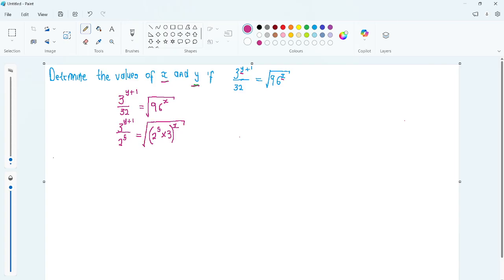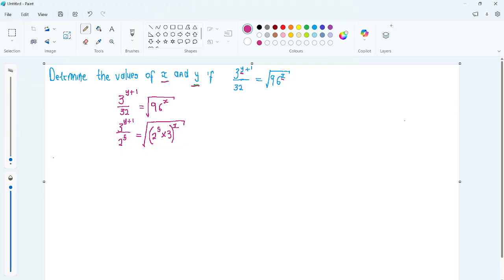Okay, fine. So far we are going so well. Then now, since we have this, what do we do now? I want to use the exponential law. I don't want it to be in fraction form.